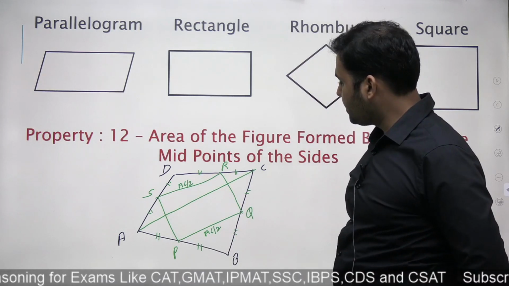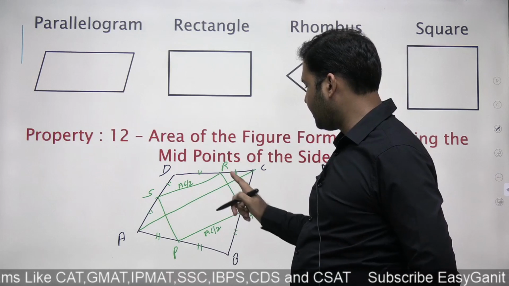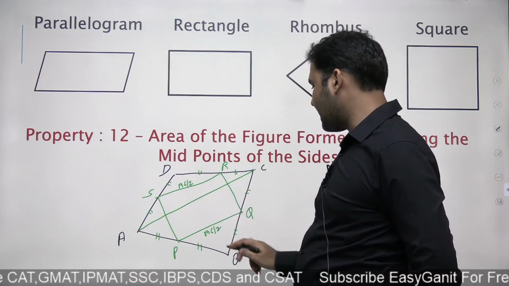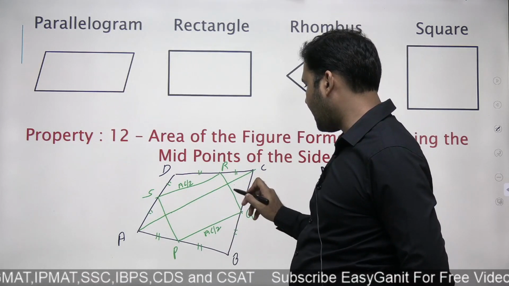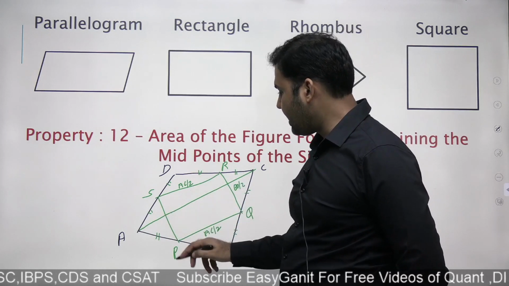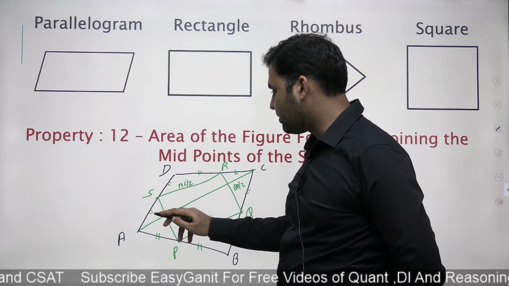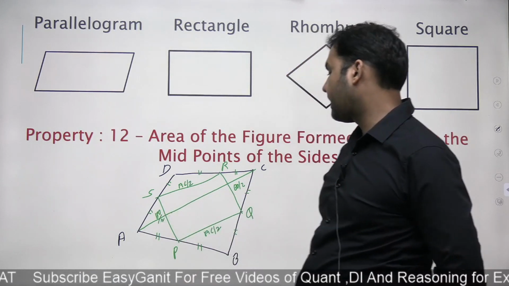Right? Similarly, RQ: R is a midpoint of this, Q is a midpoint of this. So if I draw another diagonal, the length of RQ will be half of BD. I'm not drawing the diagonal because the figure will look complex. And SP will be half of BD, right? So SP is BD by 2, right?